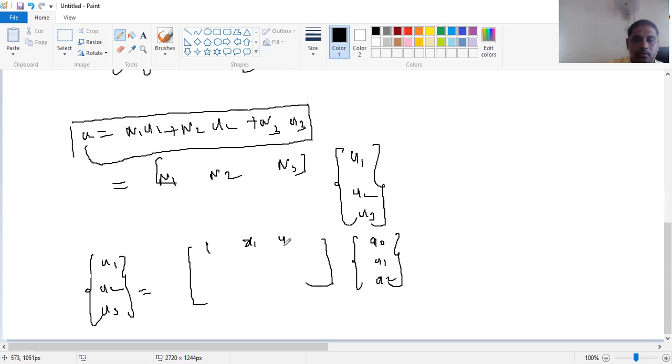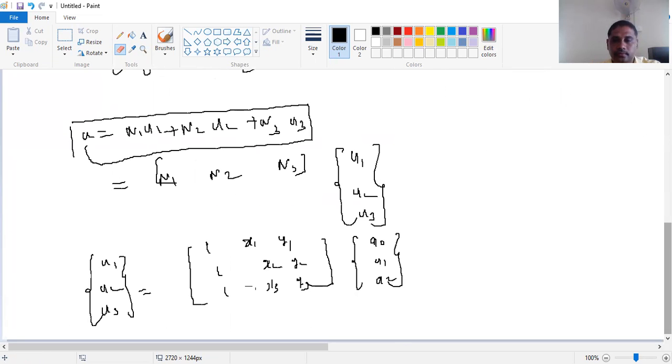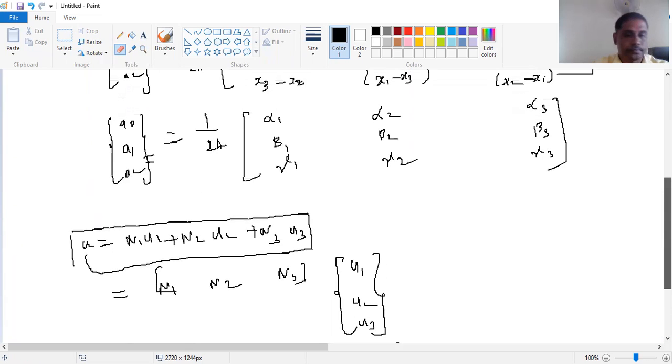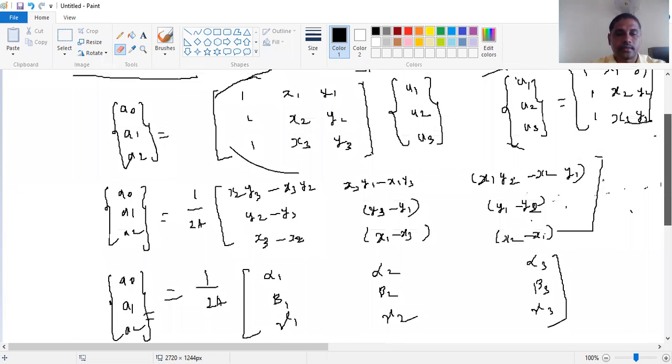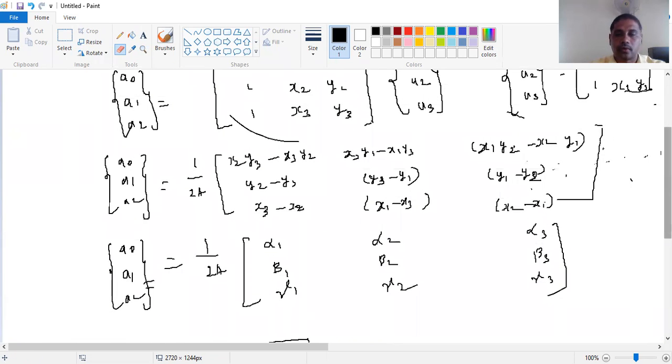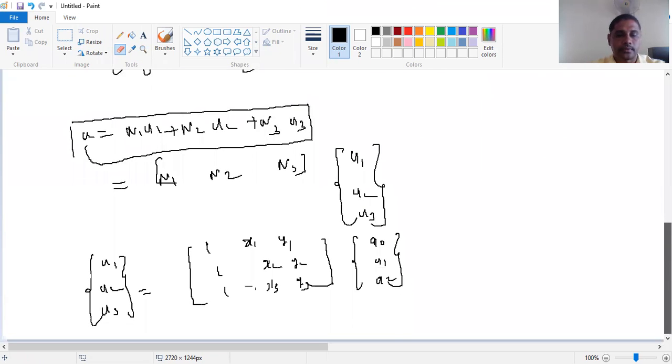So in this equation, we also substitute the value of A0, A1, and A2. What is the value of A0, A1, and A2 here? This entire value: 1 by 2A into alpha 1, alpha 2, alpha 3. So these things you have to substitute.